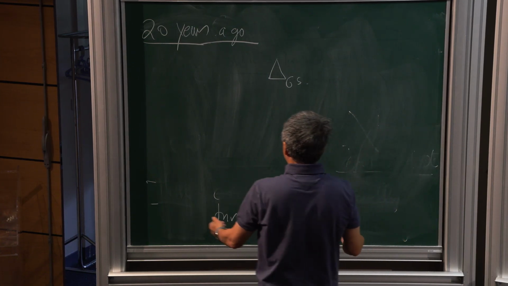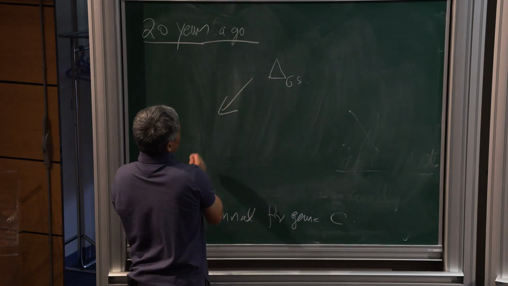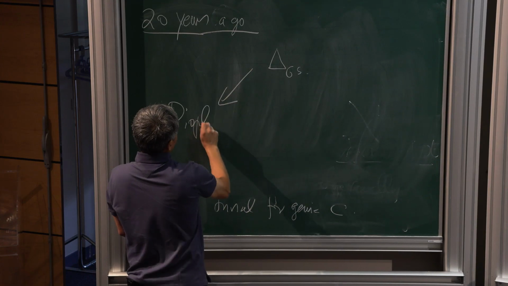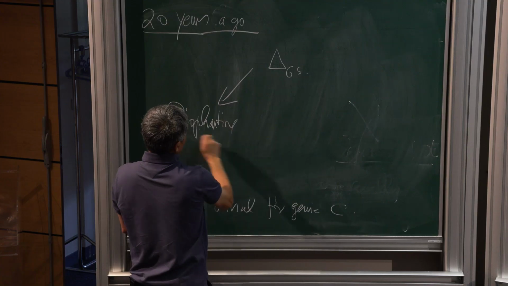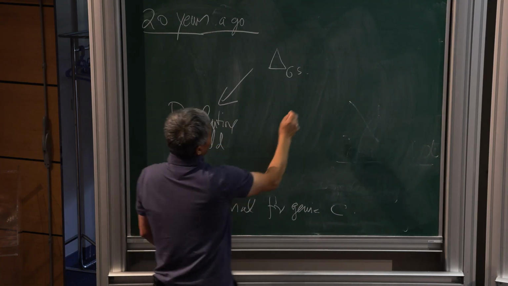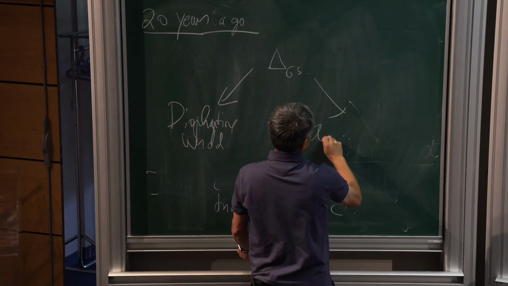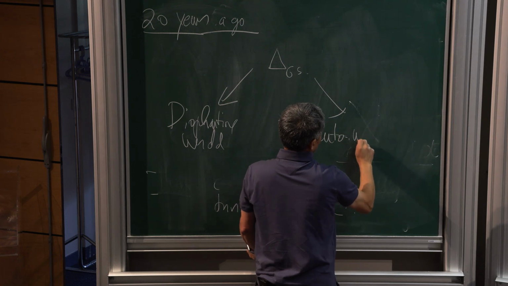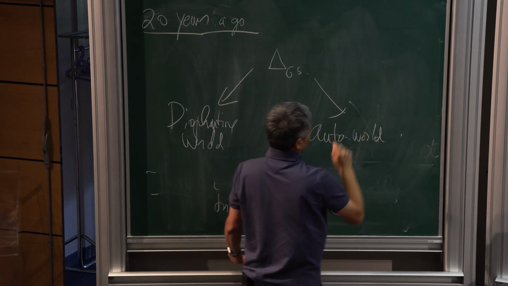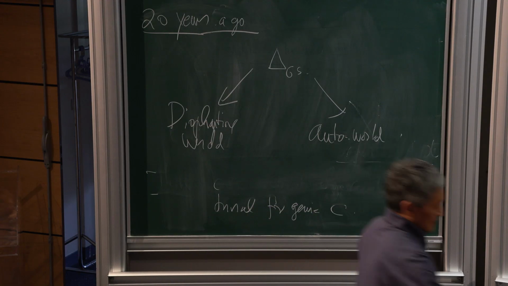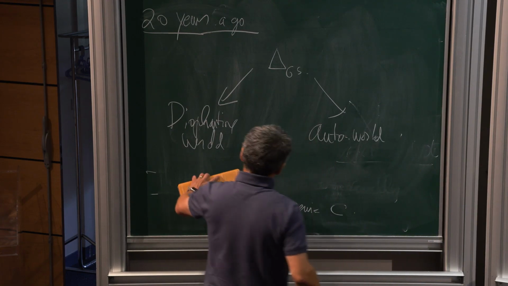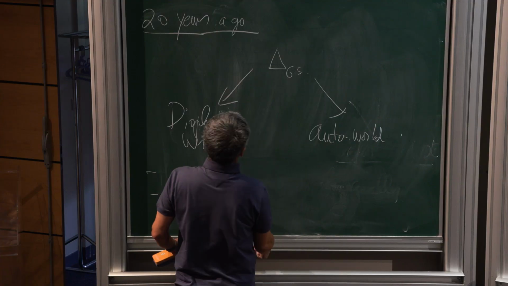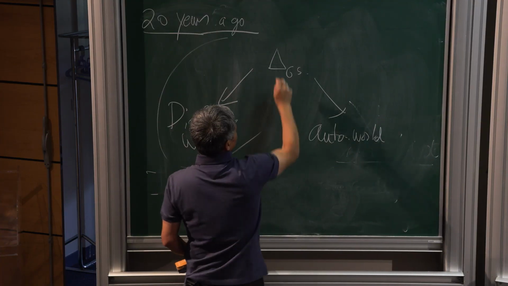So I started to study two different worlds. One is the Diophantine world, and one is the automorphic world. And it ended up that both of them are quite interesting. I can talk about this a little bit later on.